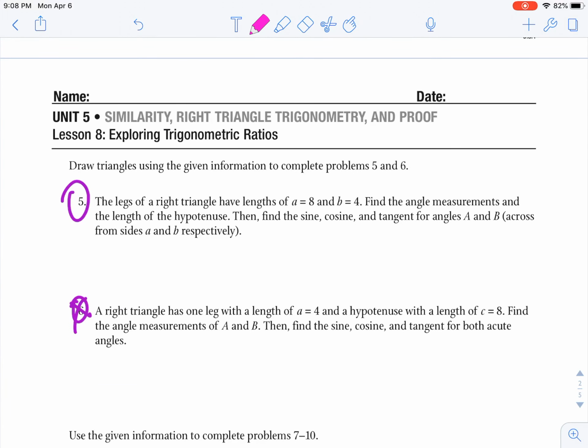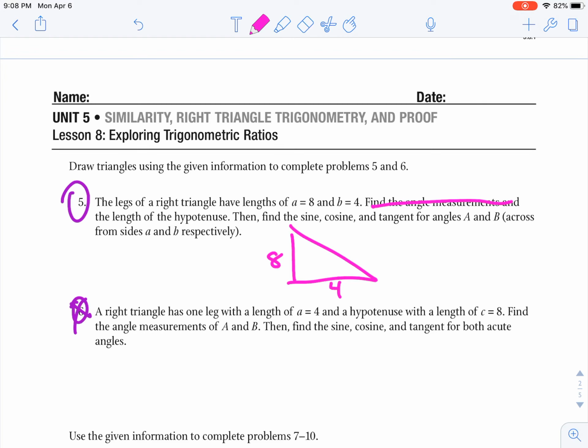All right, number 5. The legs of a right triangle have lengths of A equals 8 and B equals 4. The legs, that means the two sides, not the hypotenuse. We're not going to find the angle measures. We will find the hypotenuse, though.